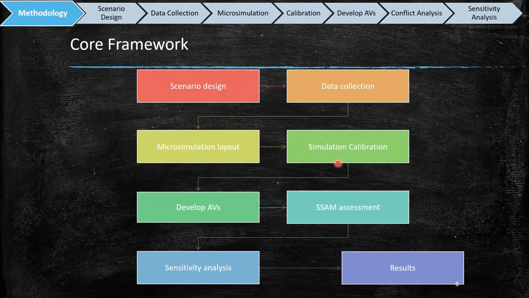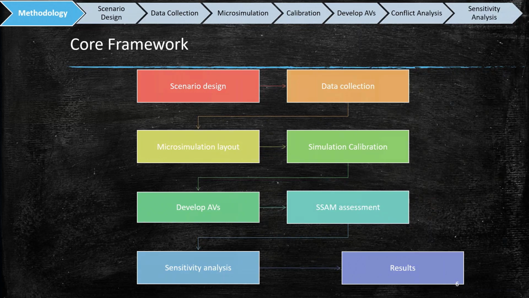So we do simulation calibration and then go for development of AVs in the system. At the end, for the conflict analysis and considering road safety, we use the SSAM software to evaluate the trajectory results of the Vissim microsimulation. At the last step, we do the sensitivity analysis for all the scenarios that we develop, and we can compare them.